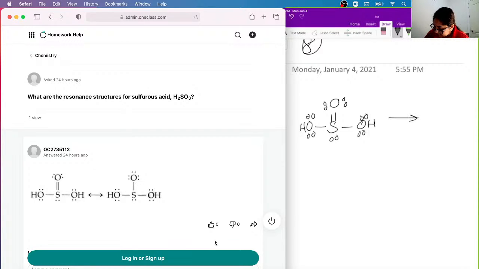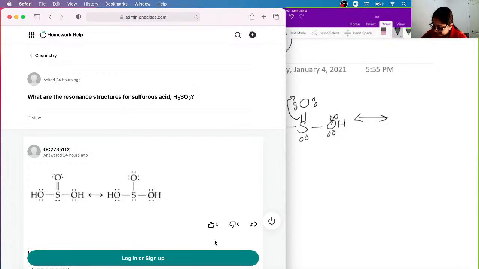And to make it a resonance structure, what we can do is basically move this pi bond up here, and this will then become three lone pairs, become a negative.